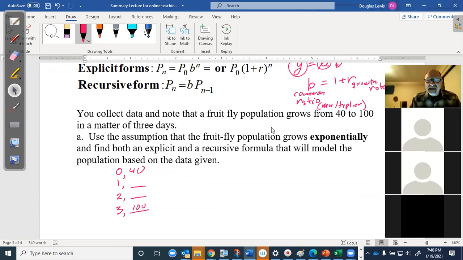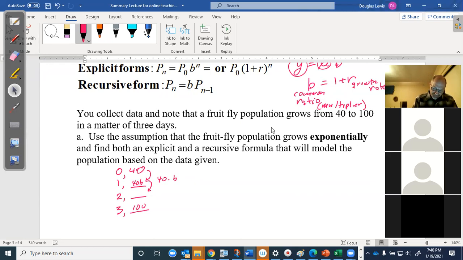If it is exponential growth, it has a common ratio b. And what that means is to go from 40 to this value, this number should be 40 times the b value, whatever the common ratio is. So we'd say this is going to be 40b, right? What is this number going to equal?